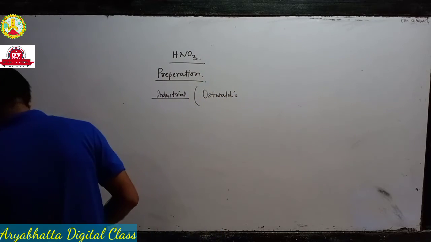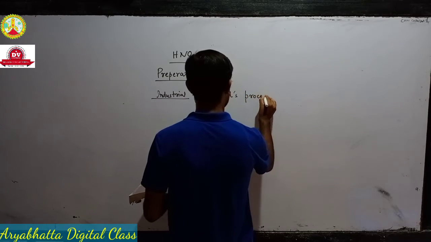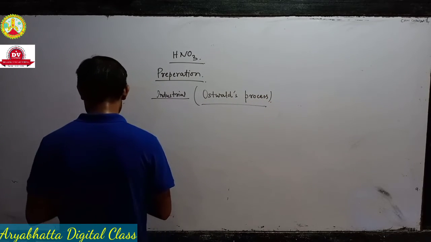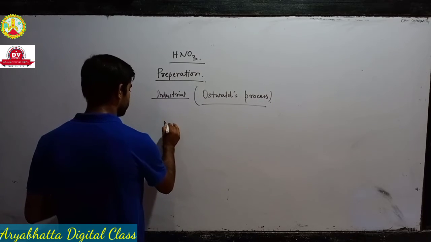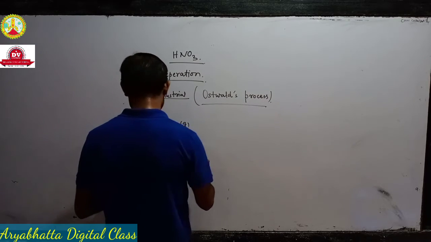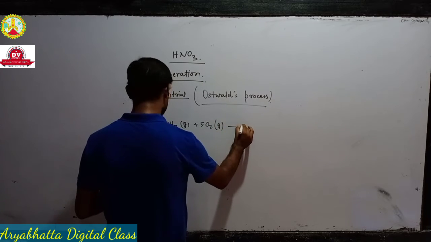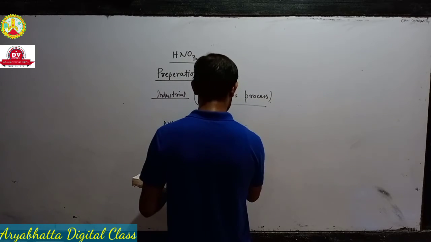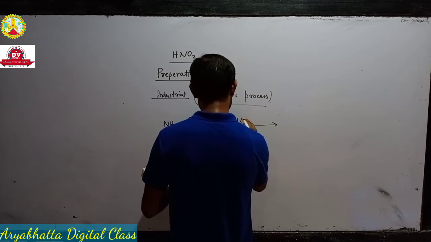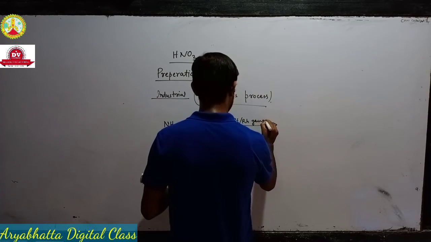In Ostwald's process, ammonia is first oxidized by atmospheric oxygen using a platinum or rhodium gauze catalyst.